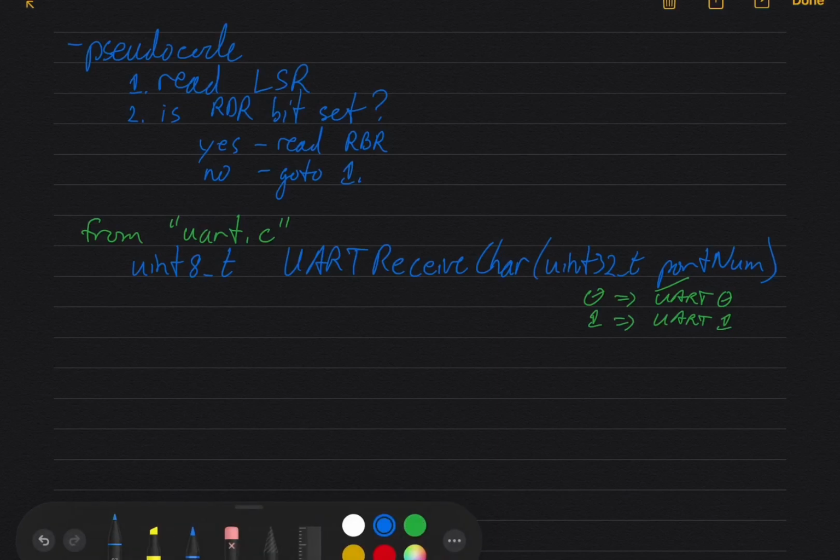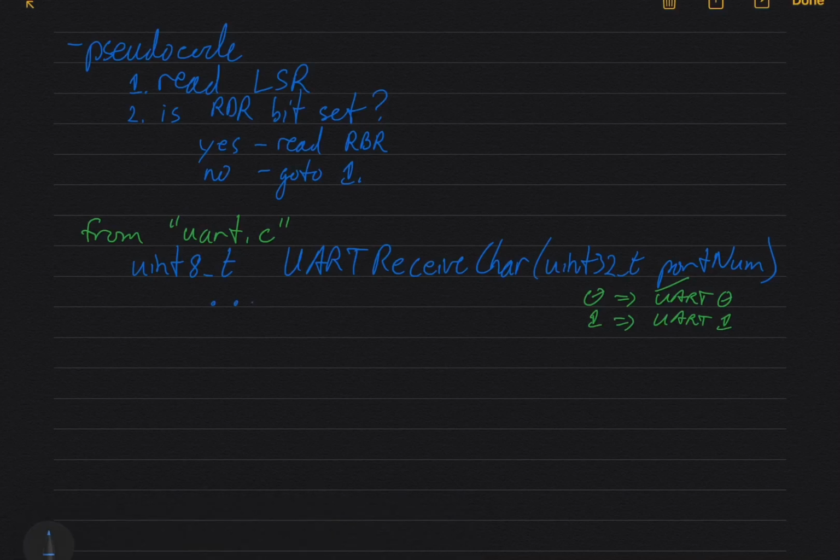There's a bit of code at the start that I'm going to skip, which just determines which UART we're working with. And then here's the polling loop: while not LPC_UART arrow LSR, the line status register, and 0x01. Let's look at what's going on there. It's going to read the line status register.